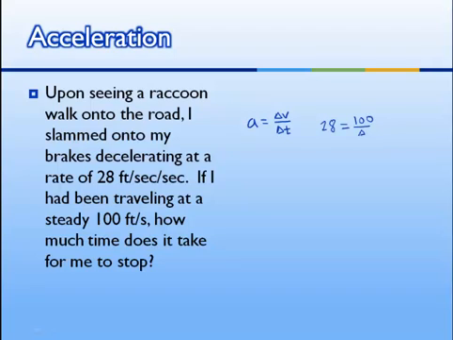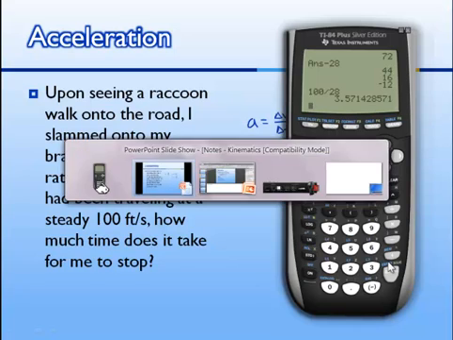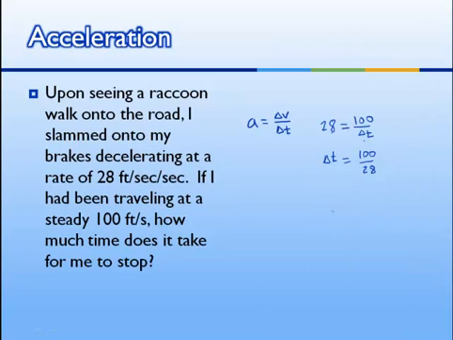The amount of time it takes is delta t, and we can flip-flop these two. Delta t is equal to 100 divided by 28, so 100 divided by 28 is 3.5 seconds, 3.57.